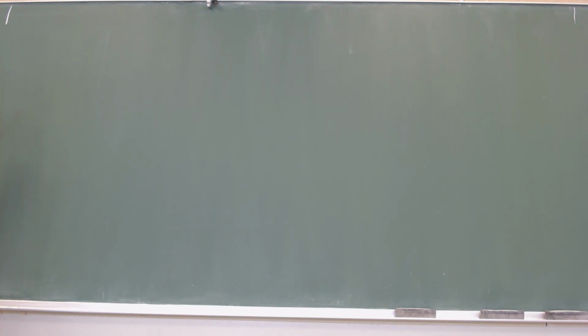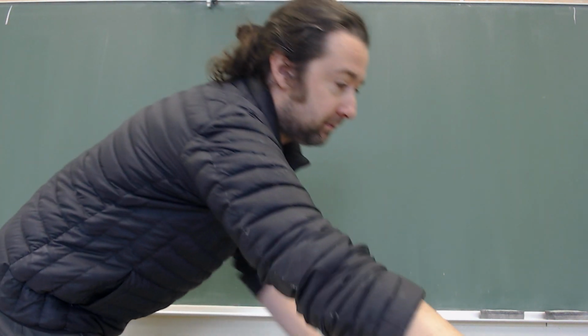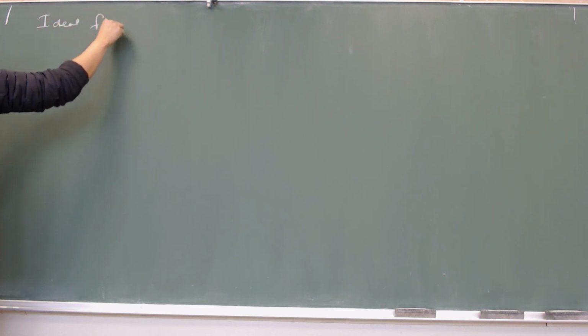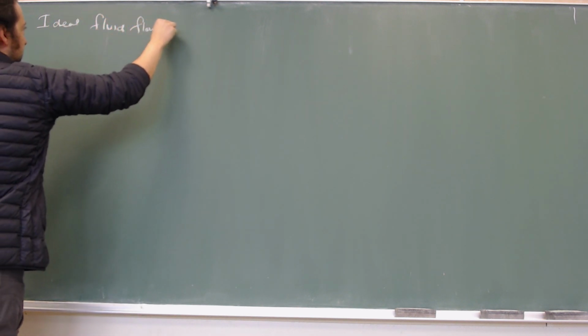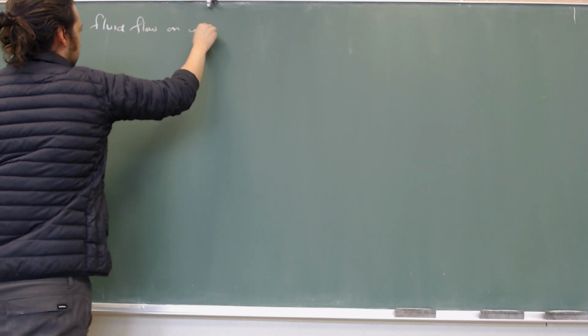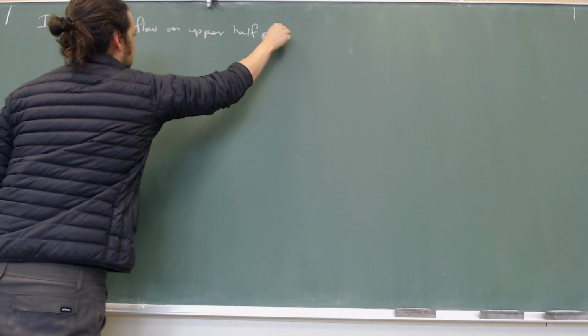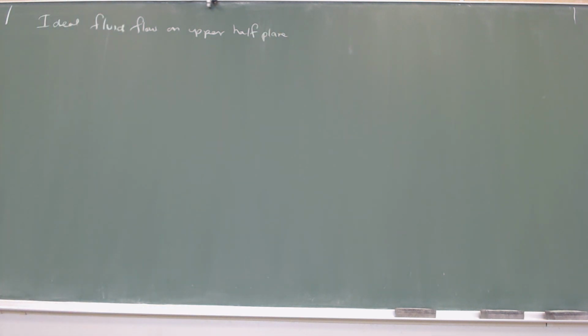All right, so last time I think we set up one ideal flow. So we set up an ideal fluid flow on the upper half plane. And this is just one.